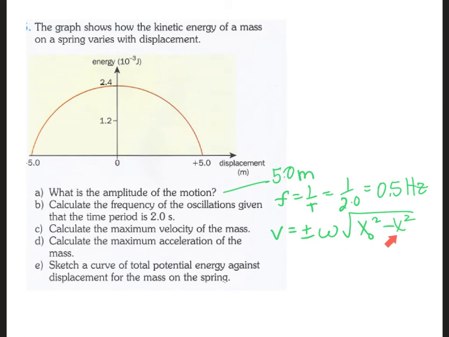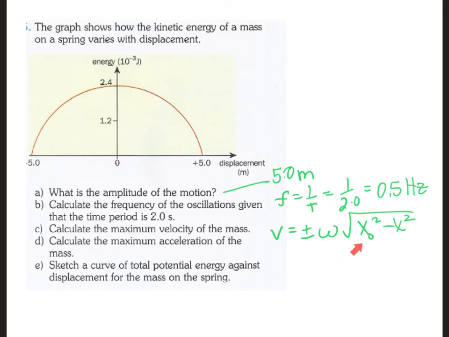And this says, where is it for a displacement? So in other words, I can calculate the speed of it anywhere during its simple harmonic motion, not just saying it stops at the edges and it's a maximum in the center. So if I put in my value here, I can have my frequency, so I can go and calculate omega. I can put my value of 5 meters for the amplitude.